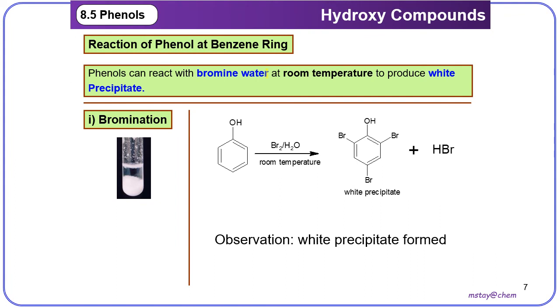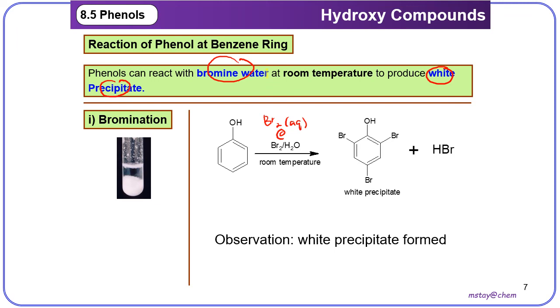Before we discuss further about question number 5, we did mention just now that phenol can react with bromine water to produce a white precipitate. Besides writing Br2/H2O, we also can write Br2 aqueous.